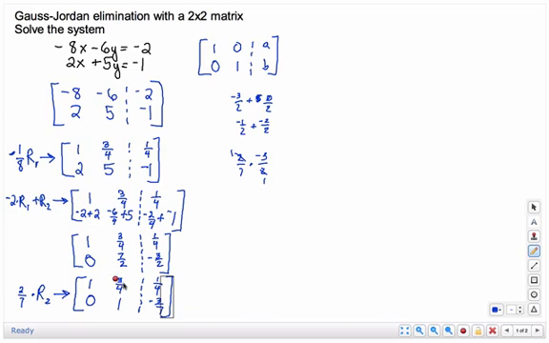And then we'll add that to row 1. So I'm going to put that up here. We're going to take negative 3/4 times our row 2, we're going to add that to row 1. And that's going to be our new row 1.